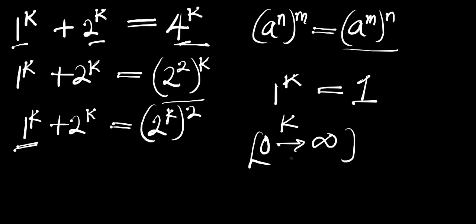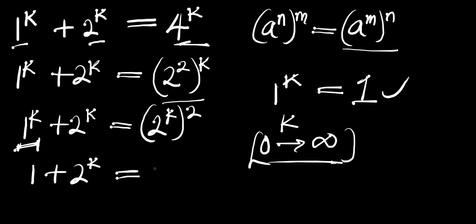So 1 raised to the power of any number between 0 and infinity will give you 1. Because of that, we are simply going to replace 1 raised to the power of k with 1. So that means instead of 1 to the power of k, we are going to have 1 plus 2 to the power of k equals 2 to the power of k all to the power of 2.